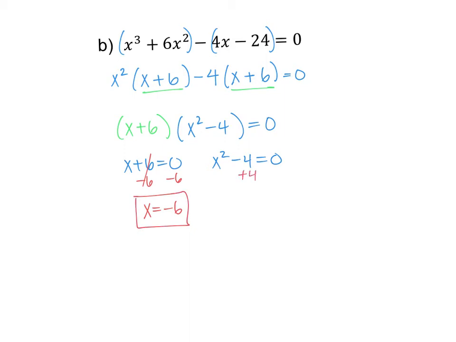I'm going to add 4 over, x squared comes down, and this is a positive 4. But I have to take the square away, so I'm going to need to take a square root. That cancels. And so x equals plus and minus 2, because the square root of 4 is 2, but there's always a positive and negative. So there are 3 answers here: negative 6, positive 2, and negative 2.